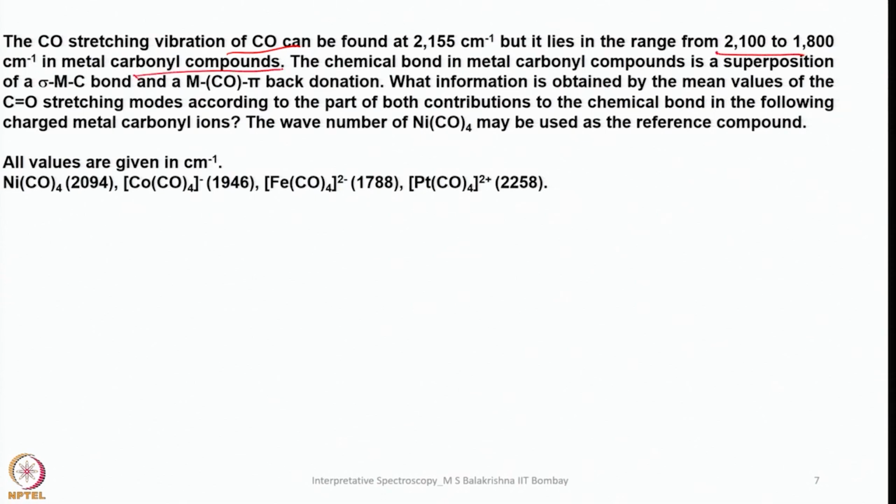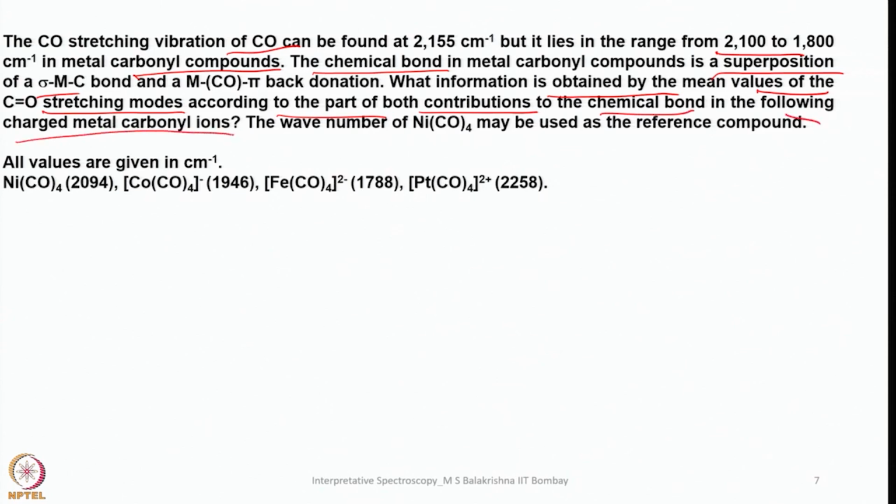That's very much true. The chemical bond in metal carbonyl compounds is a superposition of a sigma metal to carbon bond and a metal to carbon back donation. You are already familiar, I have shown you examples, and also bonding modes through orbital interactions. What information is obtained from the mean value of CO stretching modes about the part of both contributions to the chemical bond in the following charged metal carbonyl ions?